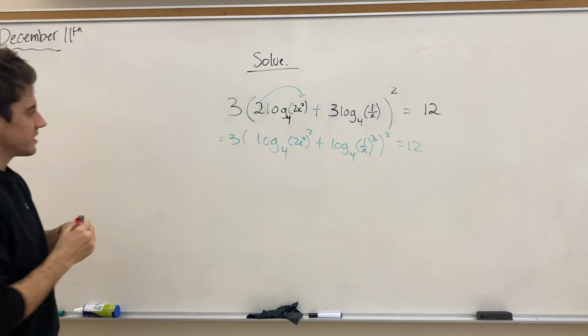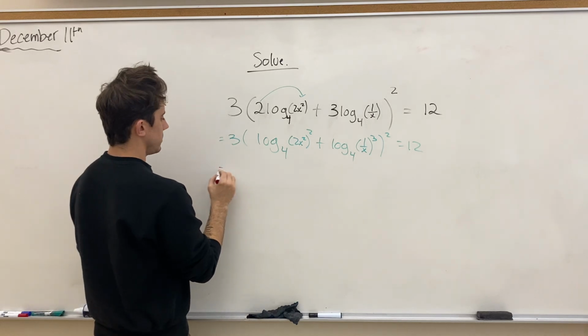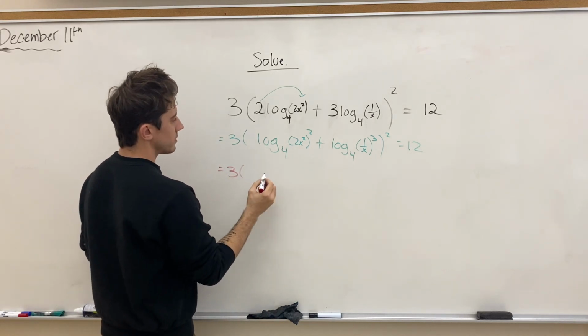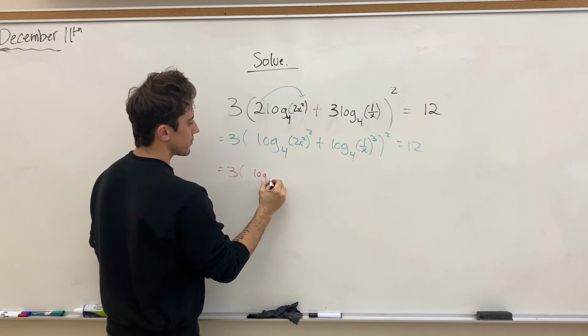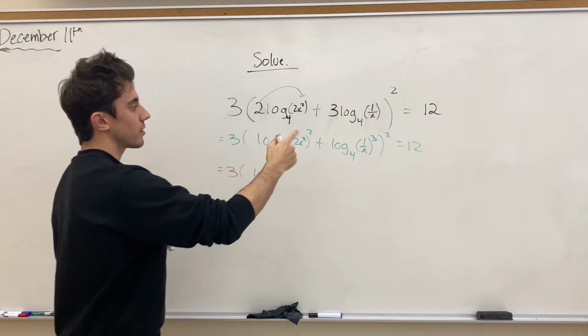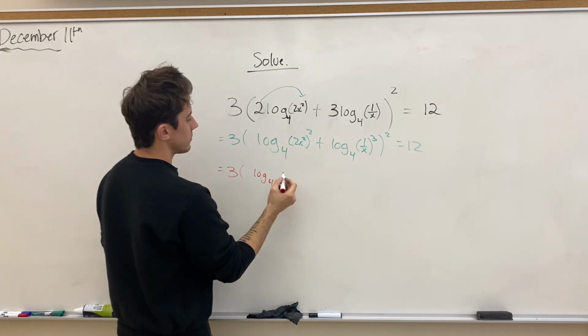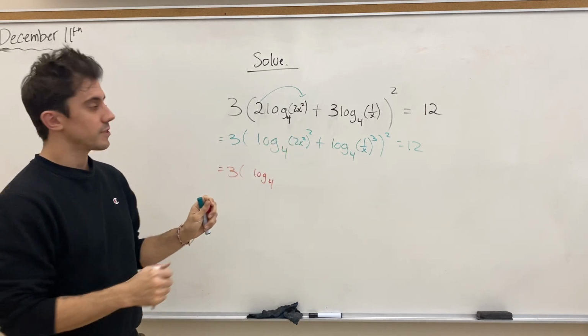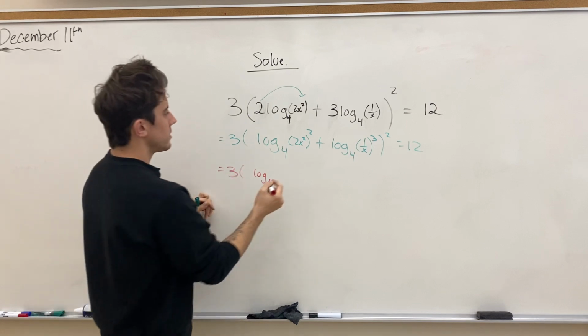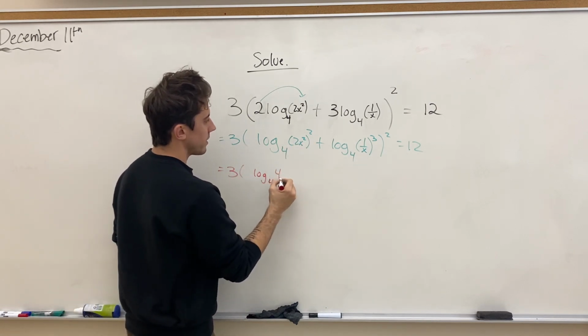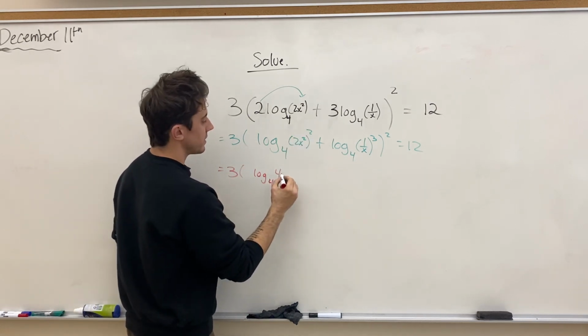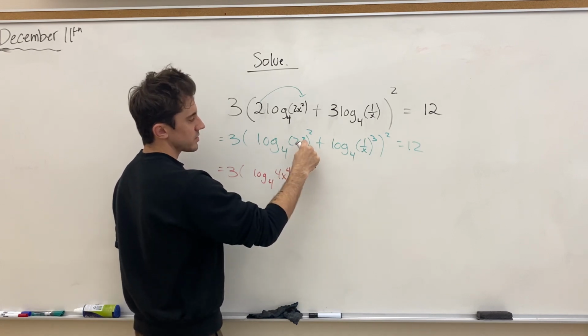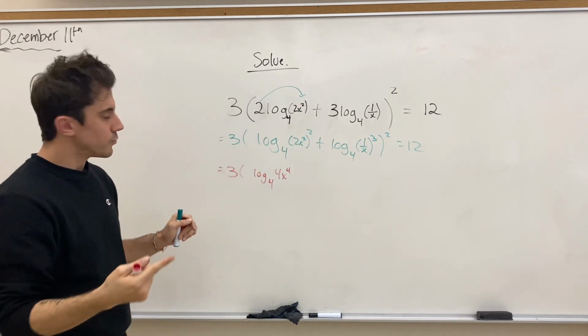Now let's go ahead and simplify down. So our equation becomes 3 times the log base 4 of 2x squared all squared. Reminding ourselves to square both the number and the x squared. So we have 2 squared being 4 and x squared being x to the 4. A square squared becomes 2 times 2, 4.